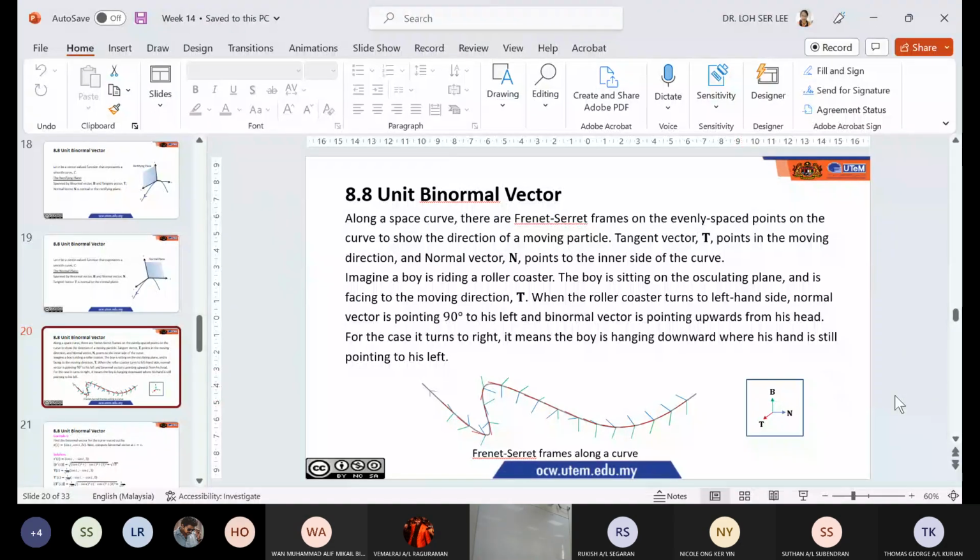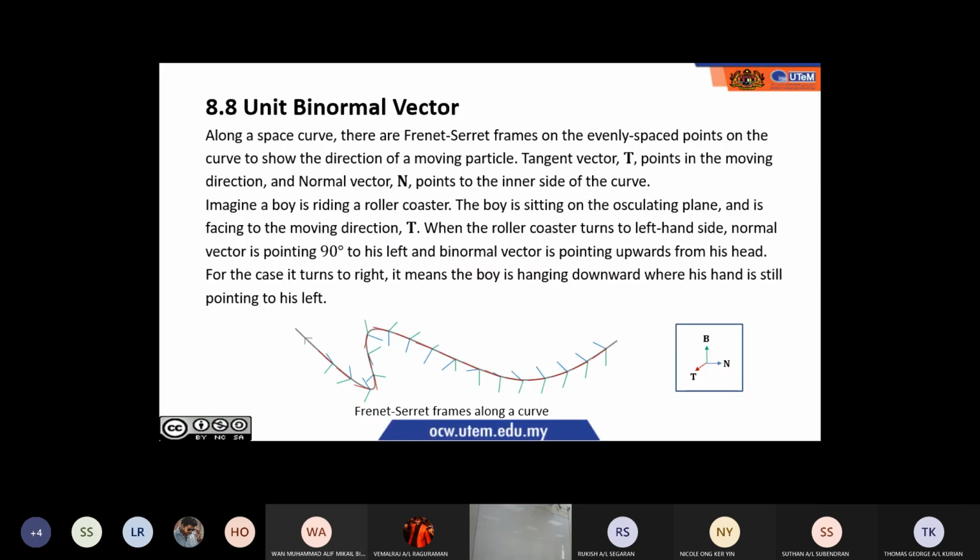Now we look at the slides again. So you see, it moves from this point to this point.